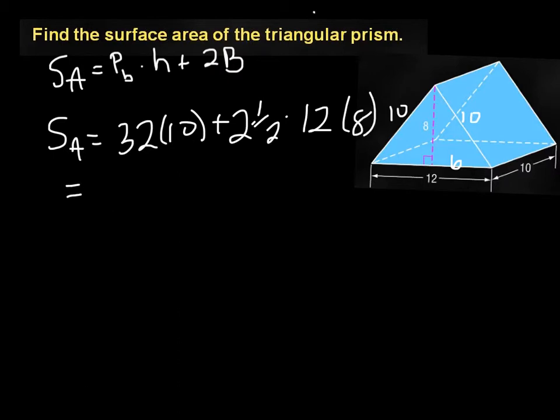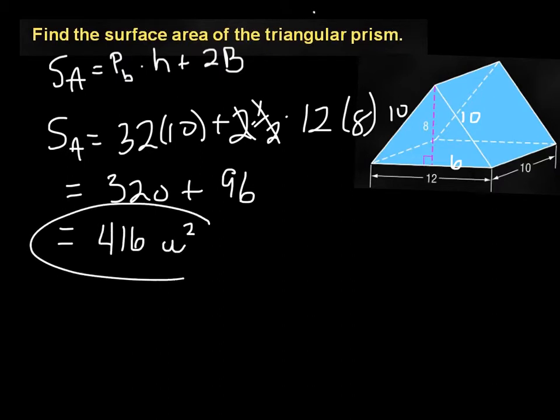So I've got 320 plus, half times 2, that worked out well, 12 times 8 is 96. So 320 plus 96 is 416, and they didn't give us units. Rats.